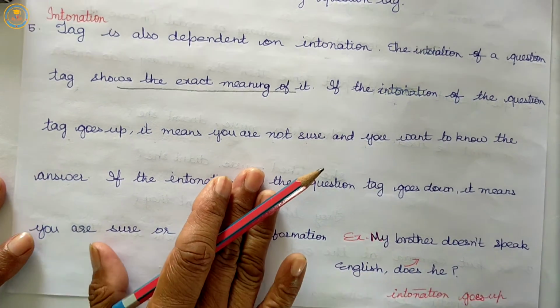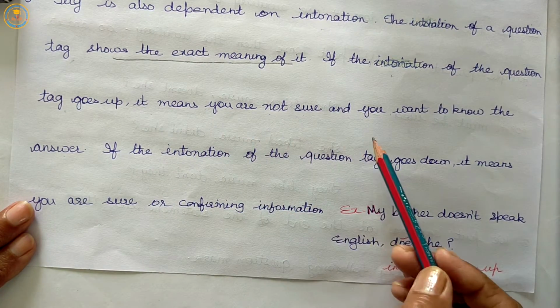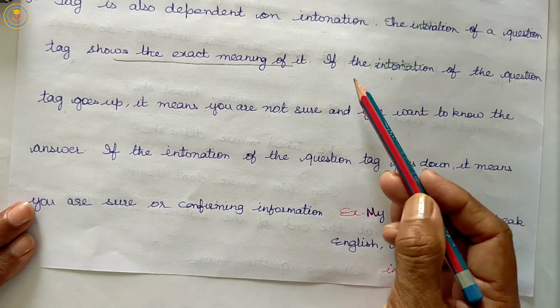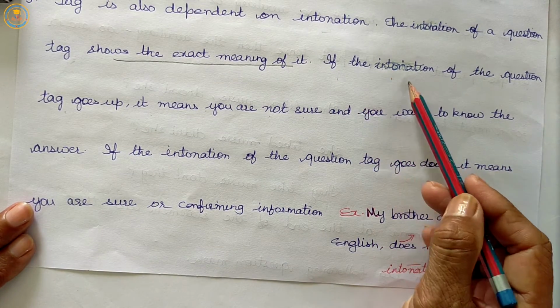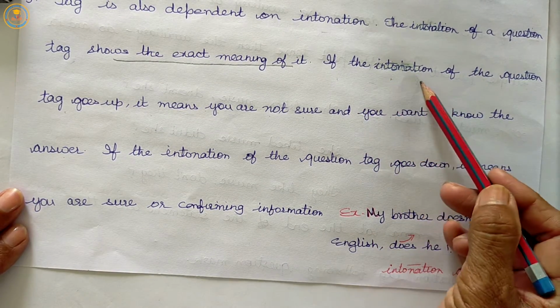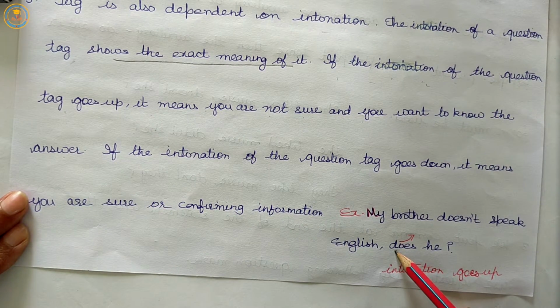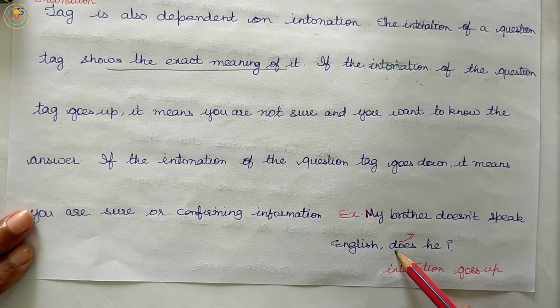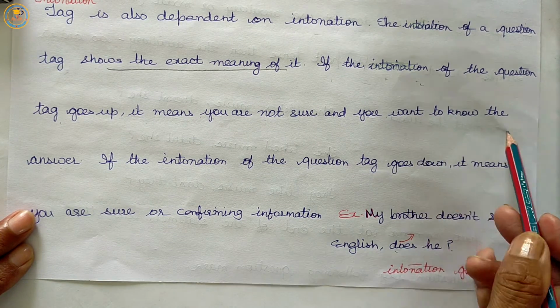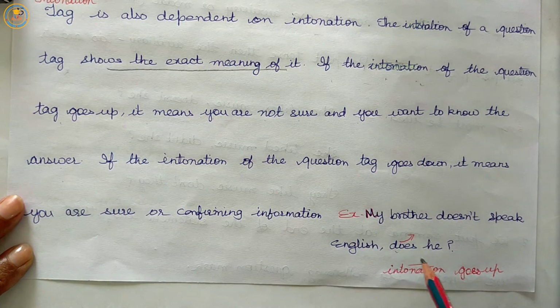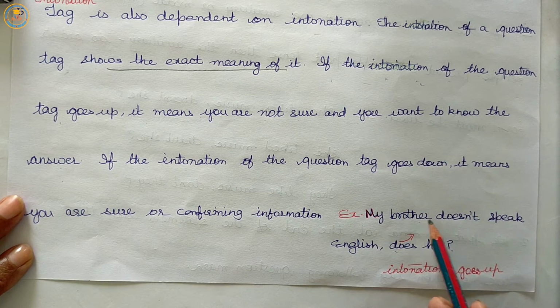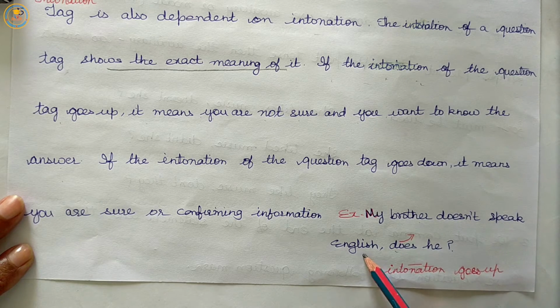Let me clarify it with an example here. So, rising up. If the intonation of the question tag goes up, it means you are not sure and you want to know the answer. Example, my brother doesn't speak English.